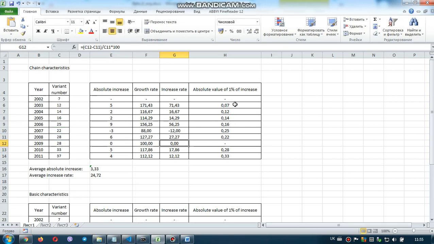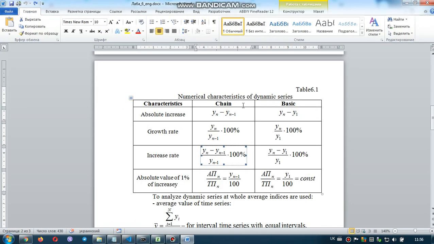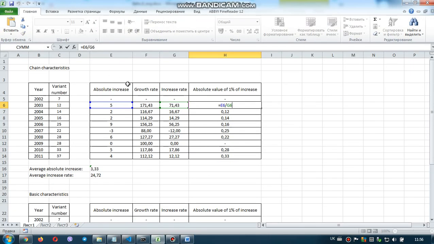And your last index is the absolute value of 1% of increase. This value is different for each case. You have just to calculate the relation between the absolute increase and increase rate.